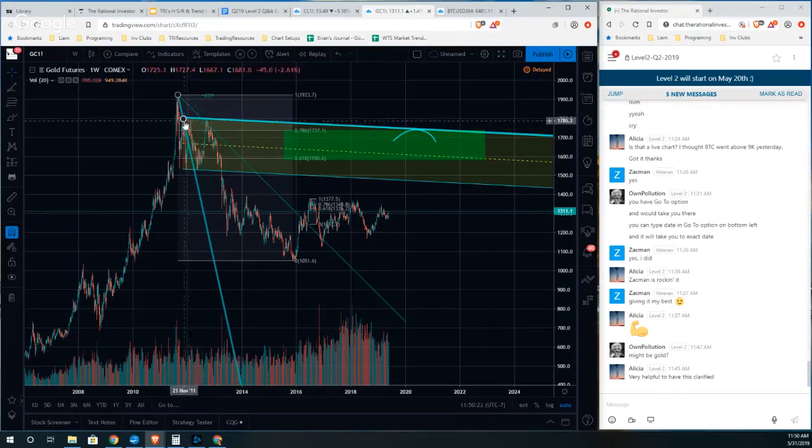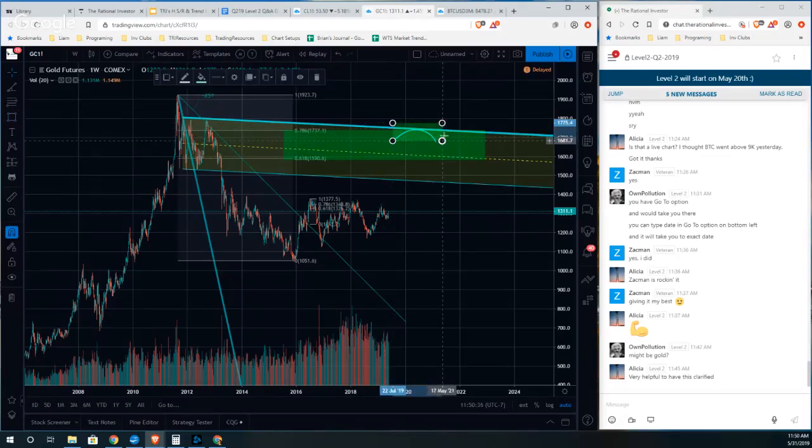But I would make the argument that this is the predominant trend line right now. And notice how the reload zone lines up really nicely with that. So now I've got a very interesting trade location right up here. That to me looks very compelling. So that's basically how I'm going to leave that question.